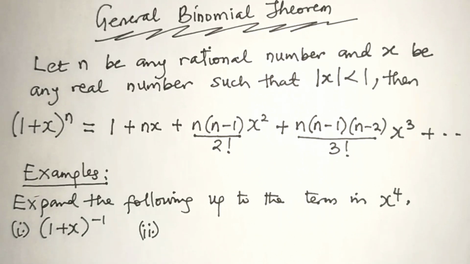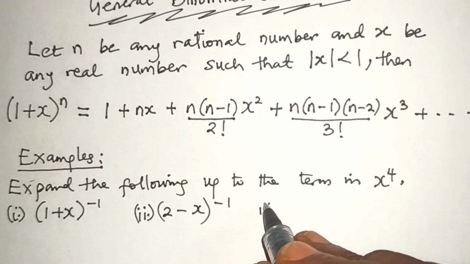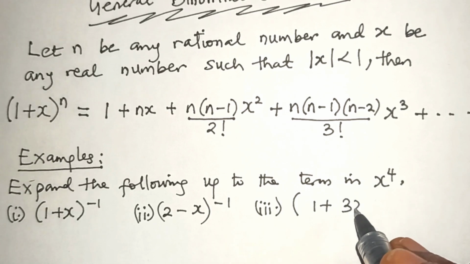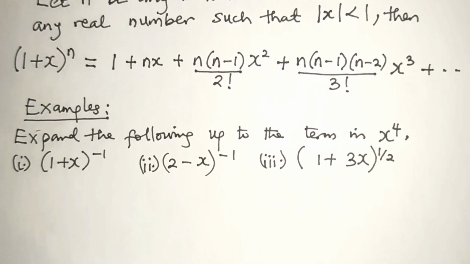Second, (2 minus x) to the power minus 1. And the third one, (1 plus 3x) to the power half. So we are going to start with the first one.